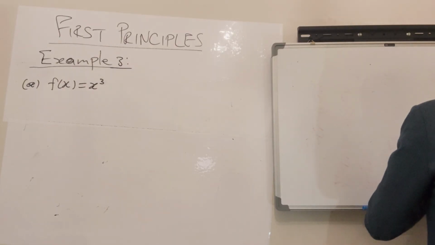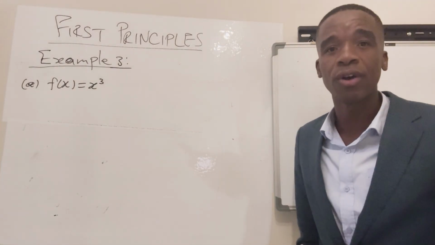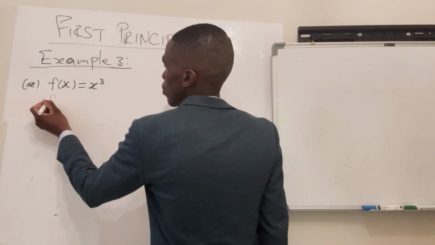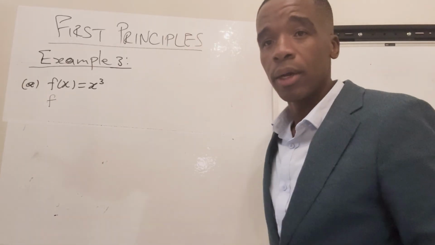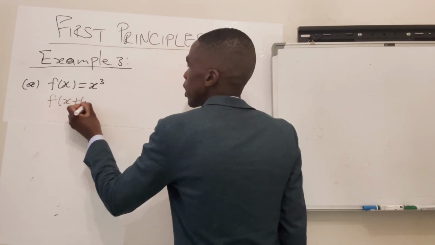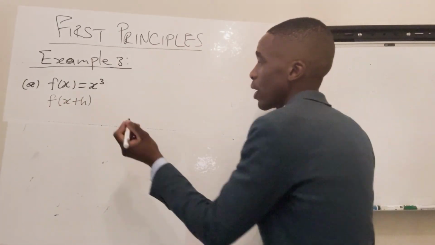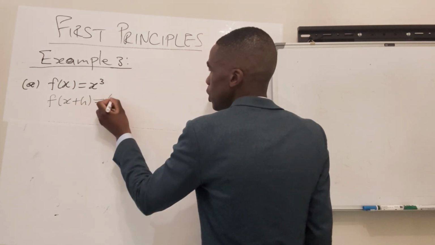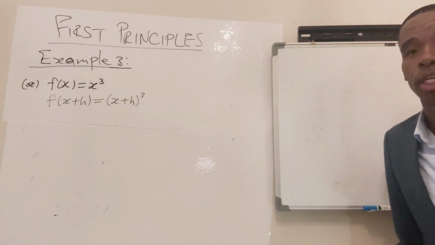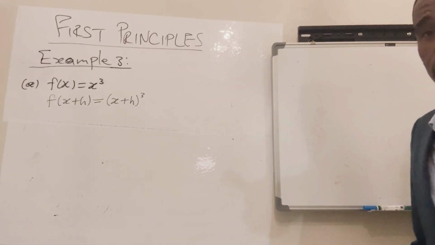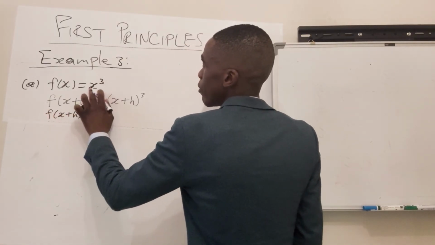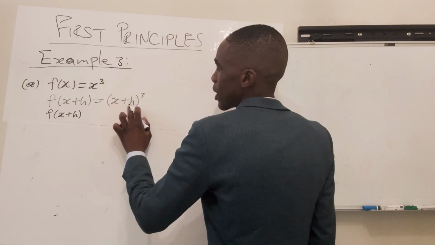It means we find ourselves having to find f of x plus h, because it's first principles. Is this visible? I'm not sure if it's visible enough. It looks nice. f of x plus h is equal to x plus h cubed. Wherever there was an x, now there's an x plus h.